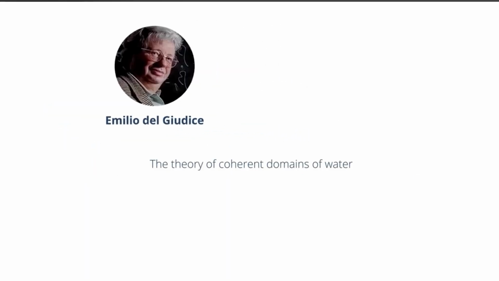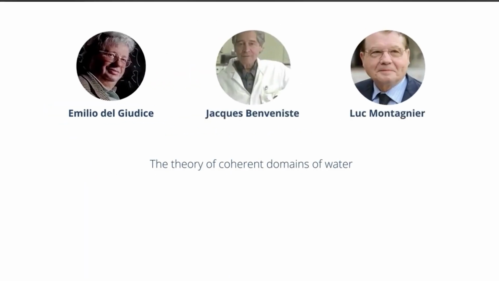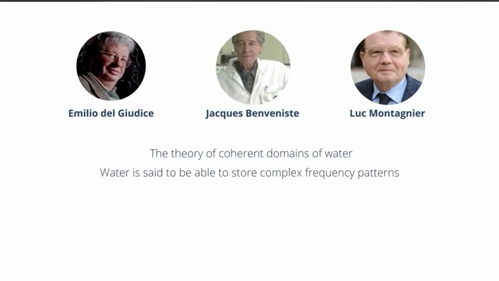And international researchers such as immunologist Jacques Benveniste and virologist Luc Montagnier concluded that water is capable of storing complex frequency patterns and releasing them whenever needed, a fact they demonstrated with numerous and equally much discussed experiments. According to this group of scientists, water is sensitive to external electromagnetic vibrations and can transmit them to biological organisms.